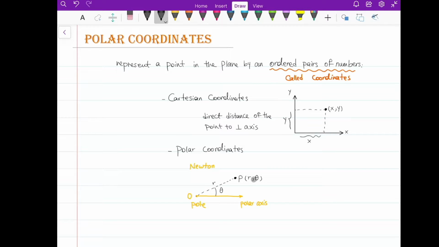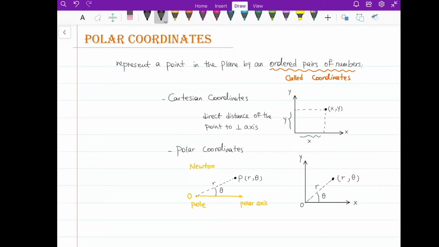So we show the point by this pair of numbers. We have the same idea in the plane: if we have a point like this, we use two numbers. One is the distance of the point to the origin, and the other is the angle from the positive x-axis to r. We show the point by that.